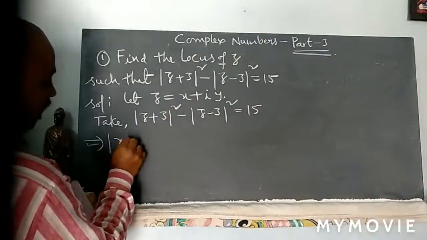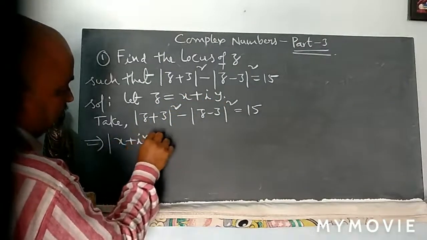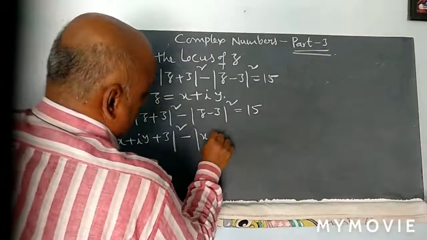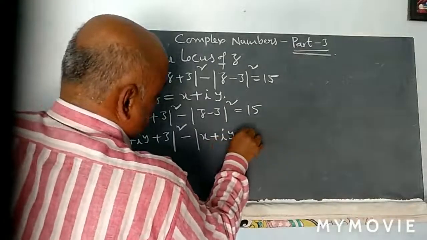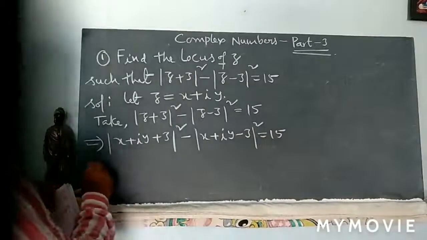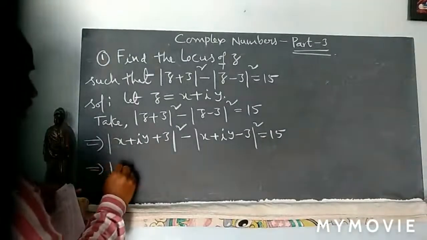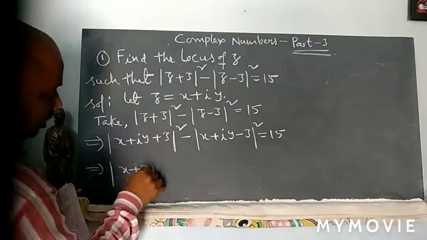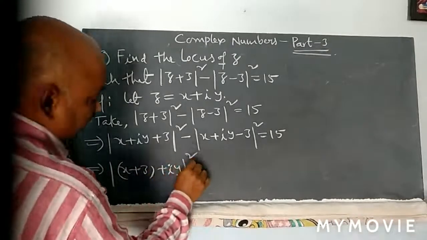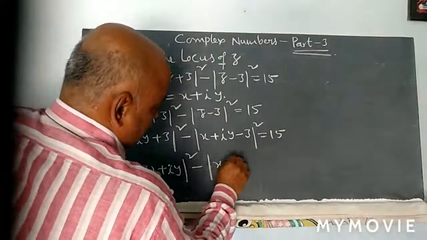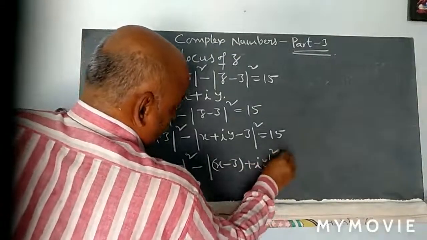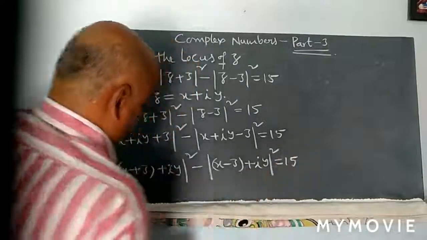So |x+iy+3|² − |x+iy−3|² = 15. This implies |(x+3)+iy|² − |(x−3)+iy|² = 15.